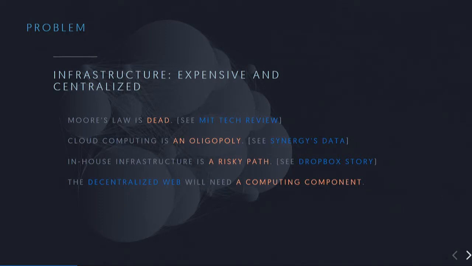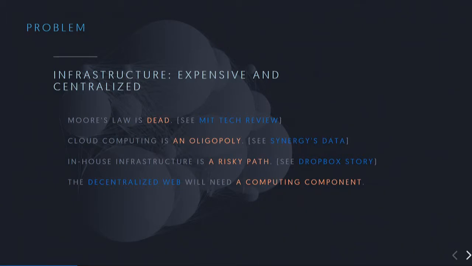Second, the cloud computing industry is organized in a very specific way. It is effectively an oligopoly, with also a lot of small data centers and small providers who strive to survive and get to the market, and in fact do not use their capacity at full power. Third, if you have excessive computing needs, then building in-house infrastructure tends to be a risky path, not necessarily worth all the effort.